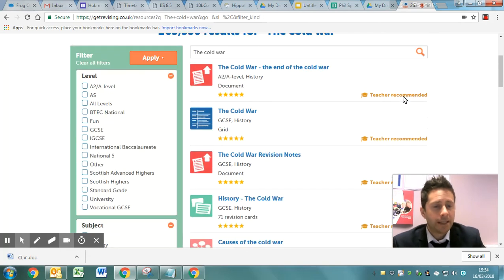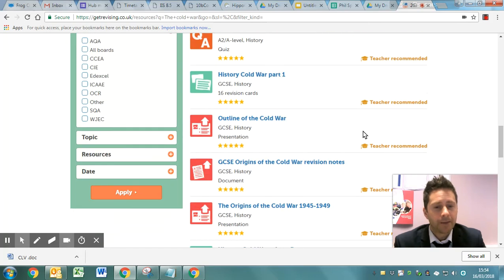The ones which have teacher recommended next to them are the ones that have been verified by teachers. Teachers have had a look at those and have basically said, yes, that's all accurate, it's good information, and it's useful for people to revise from. The reason that's important is anybody can share their notes using Get Revising.